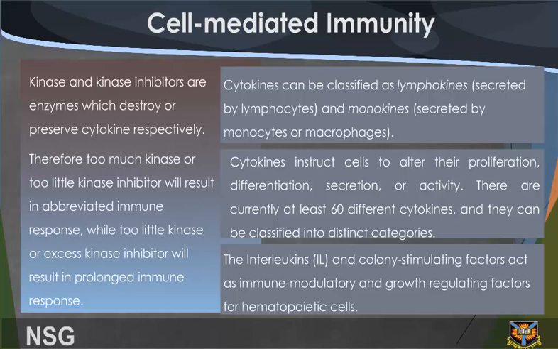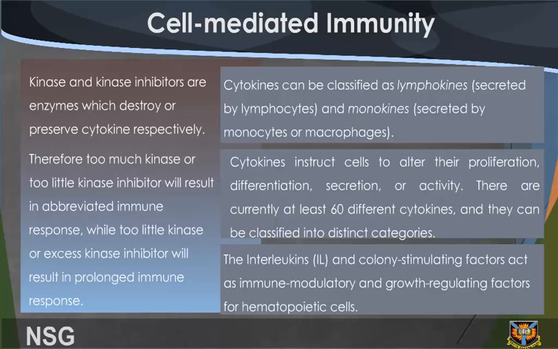Kinase and kinase inhibitors are enzymes which destroy or preserve cytokine respectively. Therefore, too much kinase or too little kinase inhibitor will result in abbreviated immune response, while too little kinase or excess kinase inhibitor will result in prolonged immune response.